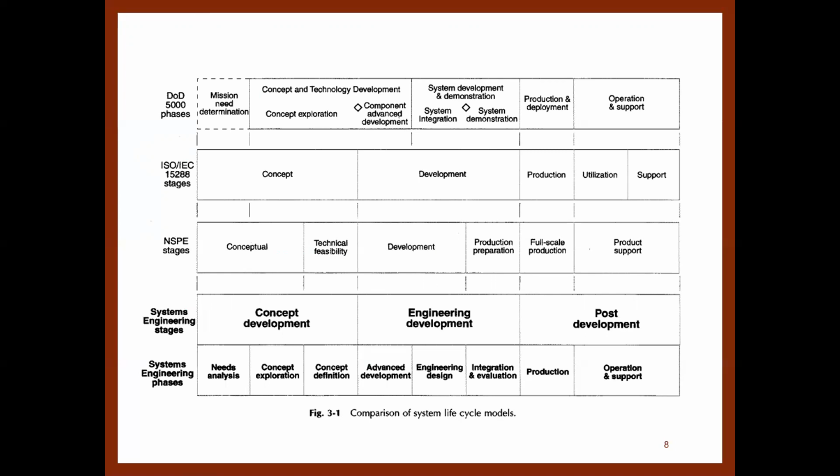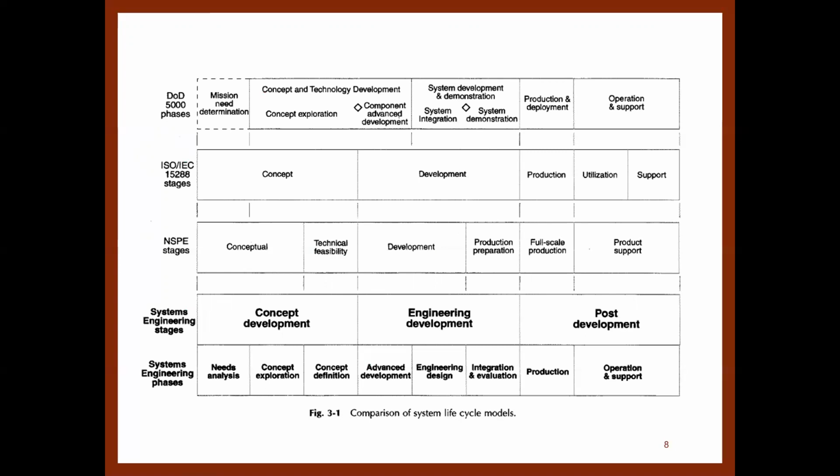So as I mentioned already, if you look at, for example, the DoD and the ISO, the ISO has two big stages: concept and development, and then production, utilization, and support. If you look at the DoD, they have mission need determination. That could be part of a concept definition. And the same thing for NSPE, you have concept, mission need determination.